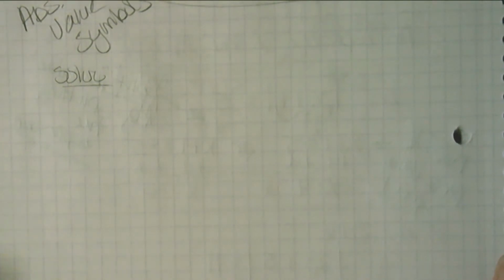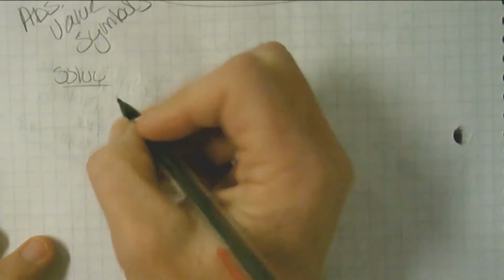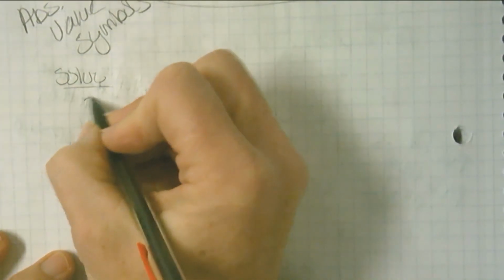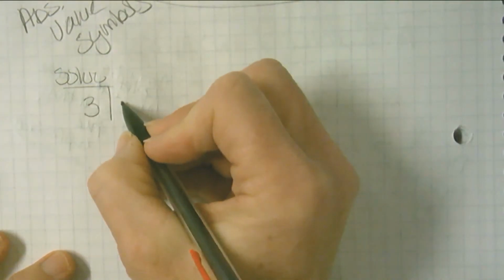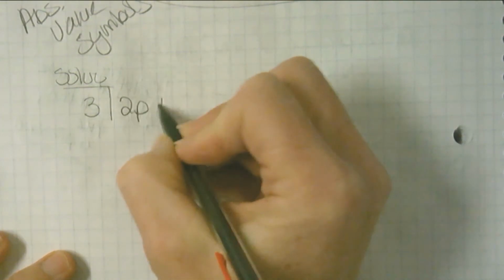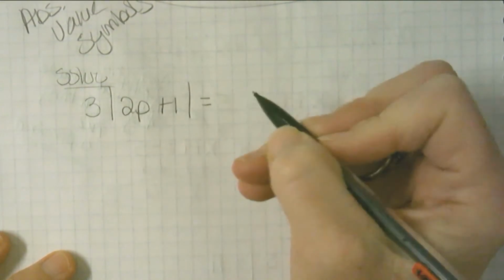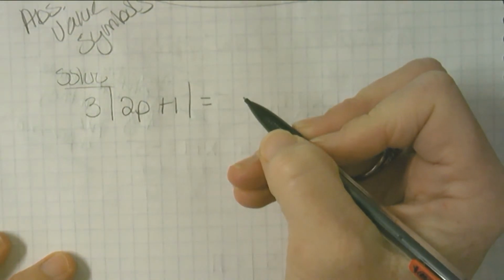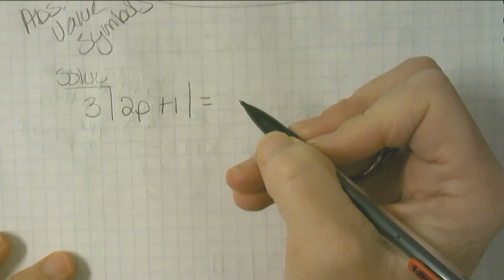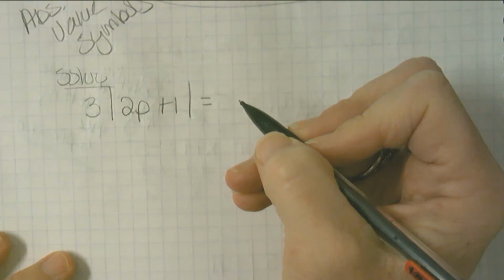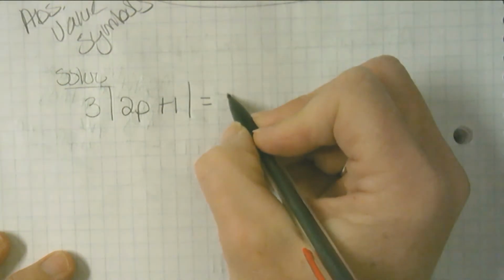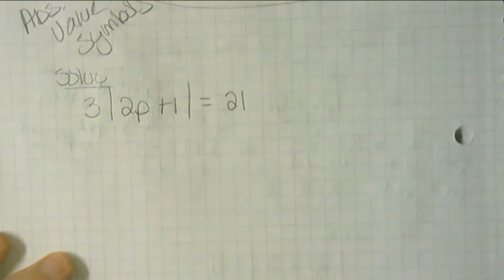So let's do 3 times the absolute value of 2p plus 1 is equal to 21.